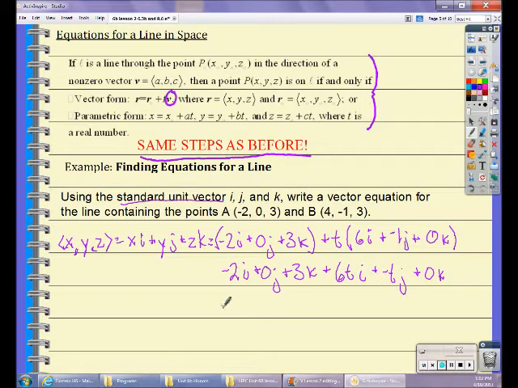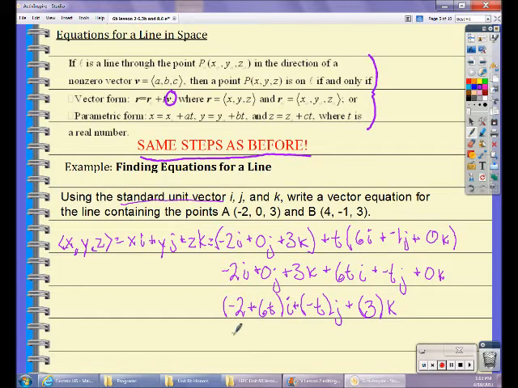Distribute the t. So we still have the negative 2i plus 0j plus 3k, and now we have 6t of our i vectors over here, plus negative 1t, or negative t, of our j vectors, plus 0t, which is just plain 0, of our k vectors. Add alike terms. Negative 2 plus 6t. You can't actually add those completely, but we can write negative 2 plus 6t is how many i vectors we have. 0 plus negative t is going to be negative t j vectors, and then we're going to add 3k plus 0k, so 3 plus 0 is 3 k vectors.